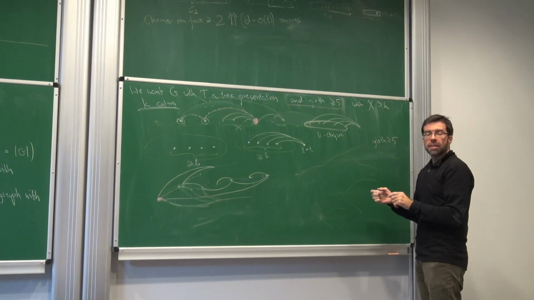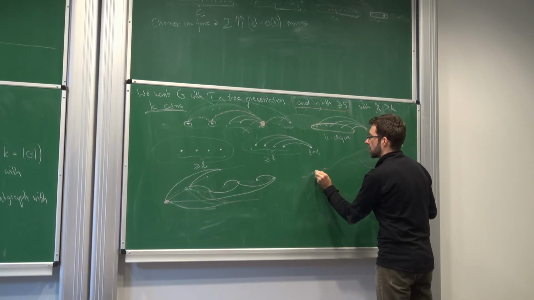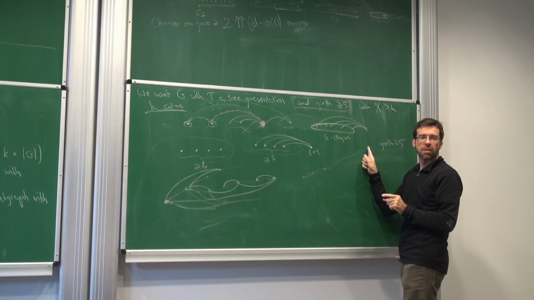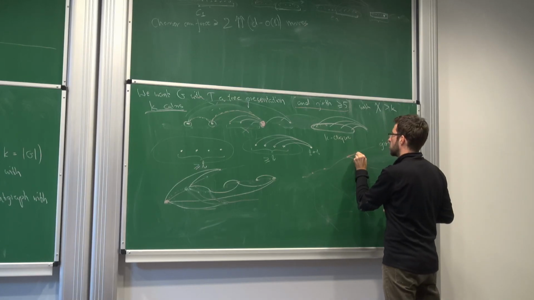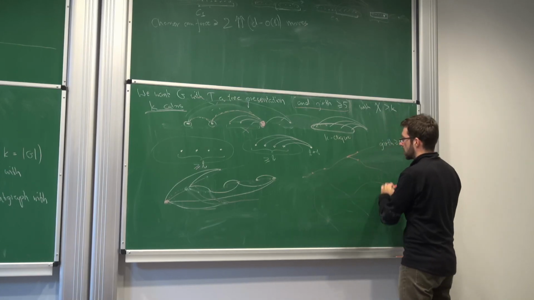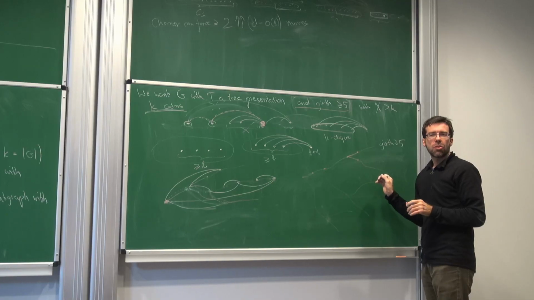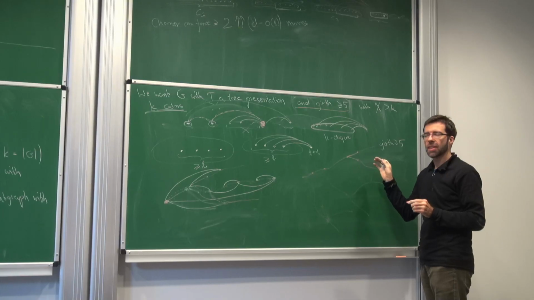So let's assume temporarily that every vertex has at least 2 children unless it is a leaf. And this graph has some chromatic number, say that it has chromatic number greater than k.